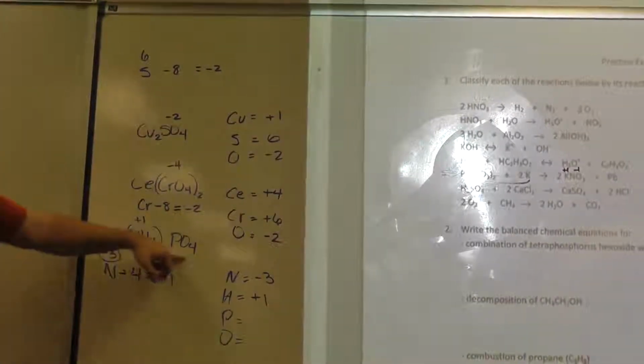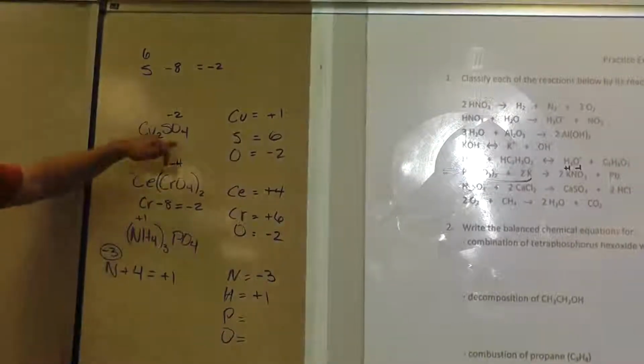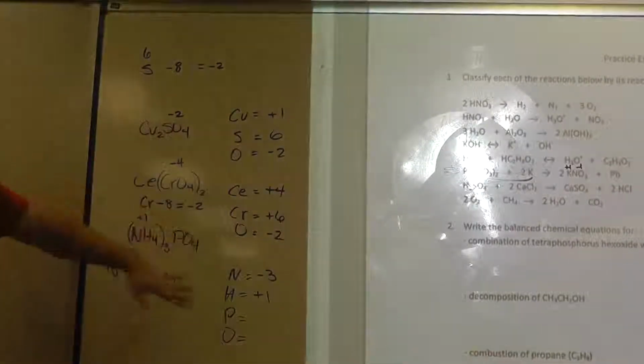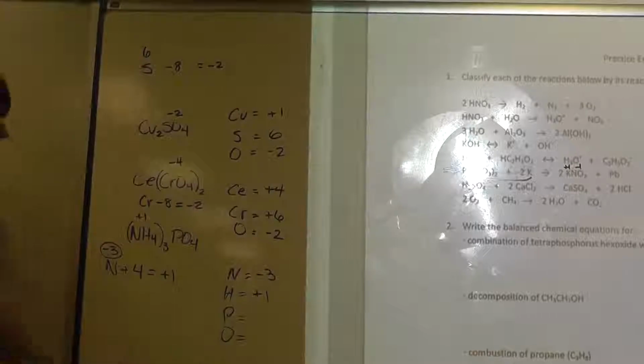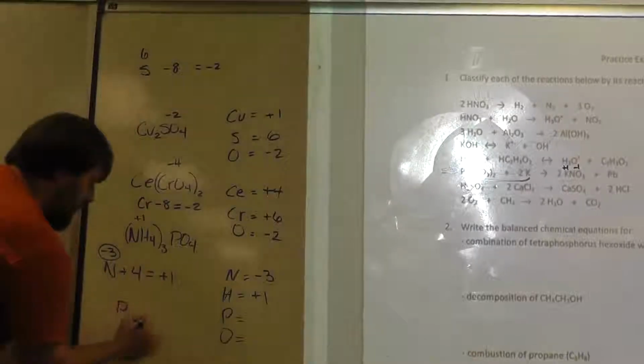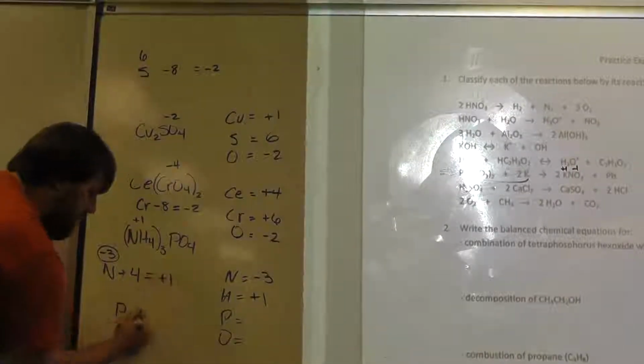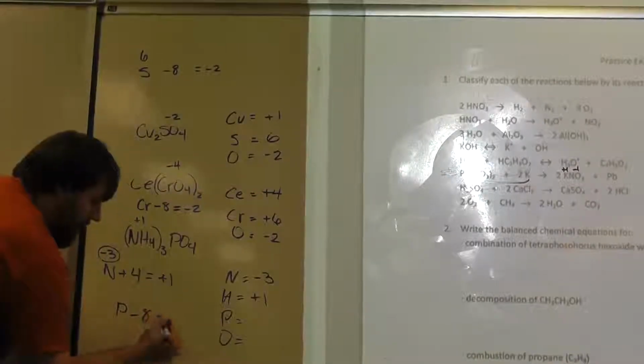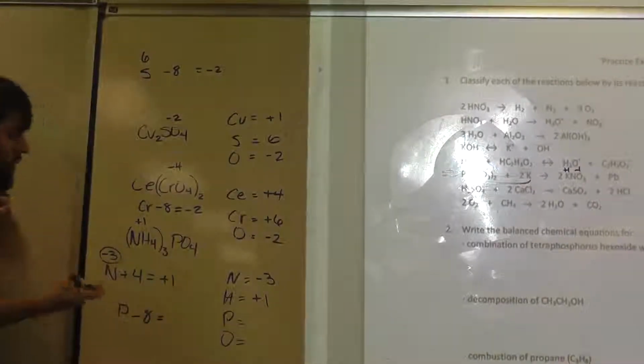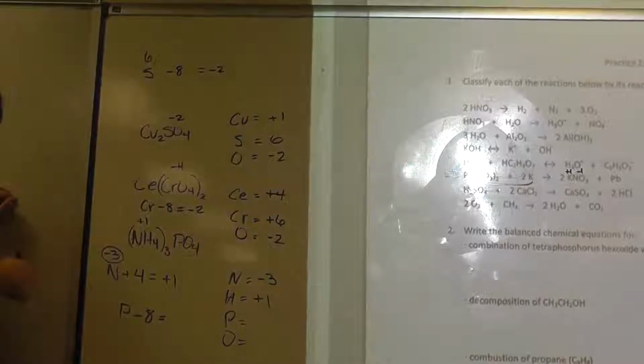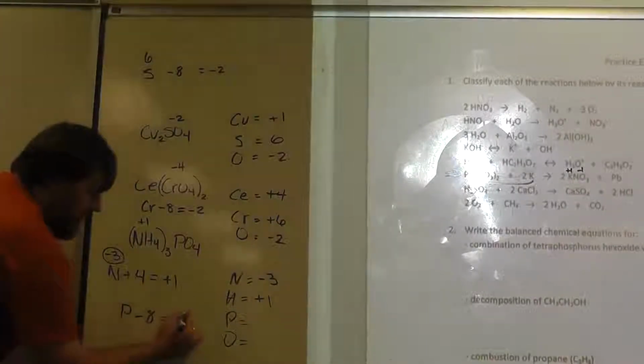You're going to solve the phosphate piece exactly like you did the chromate and the sulfate piece. This is the way you'll solve all your polyatomics, okay? So phosphate, you don't know, that's what you're solving for. You do know your oxygen, right? It contributes -8, but this time, what's the overall charge on the phosphate polyatomic? -3.